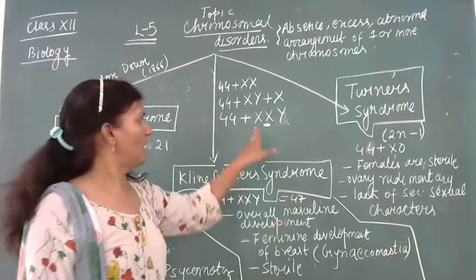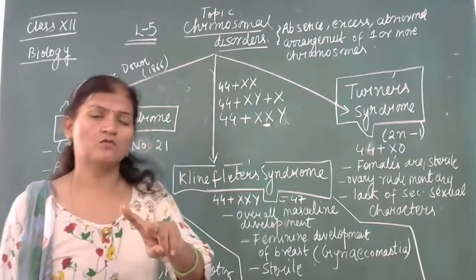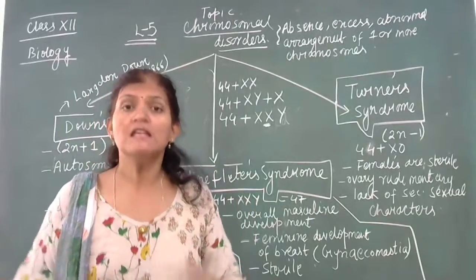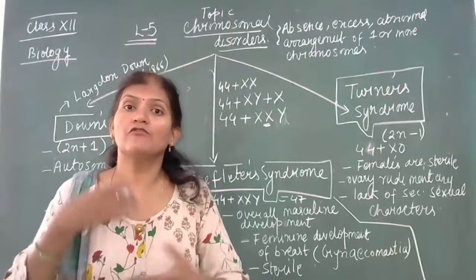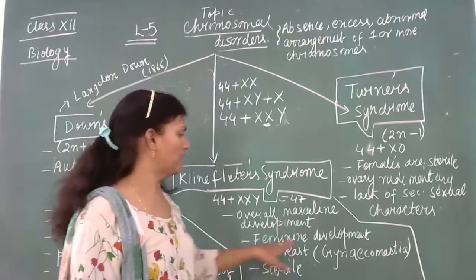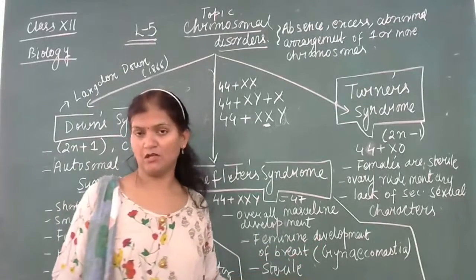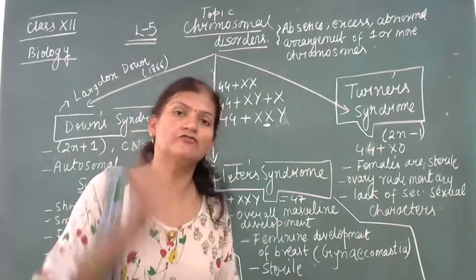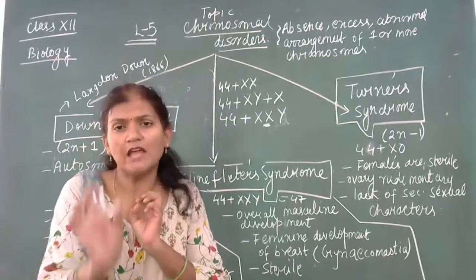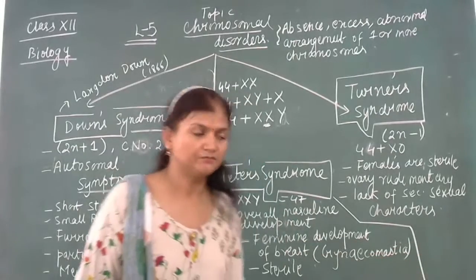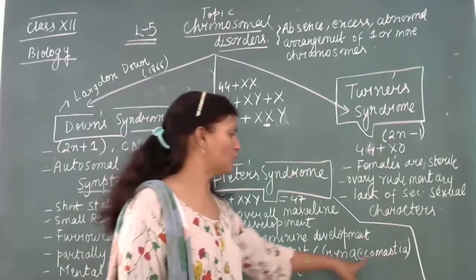So since two X chromosomes are present, this male body will show certain characteristics of a female's body also, like the feminine development of breast. The male will have a development of breast like the females, and this particular type of disorder is known as gynecomastia. So gynecomastia is what?